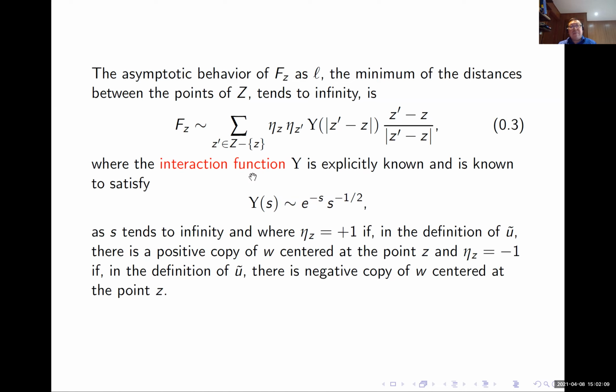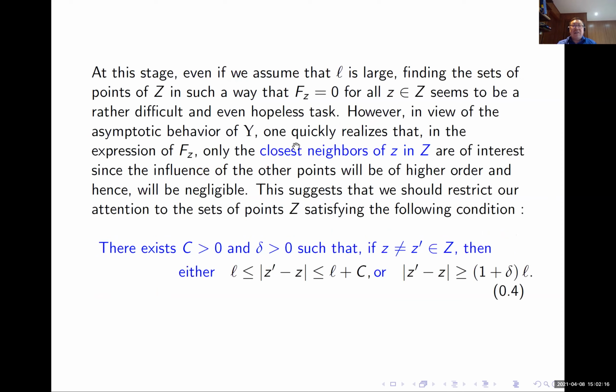So you can compute the interaction explicitly. But because the interaction is exponentially small, we just need to compute the closest neighbors, since far away it will be too small.